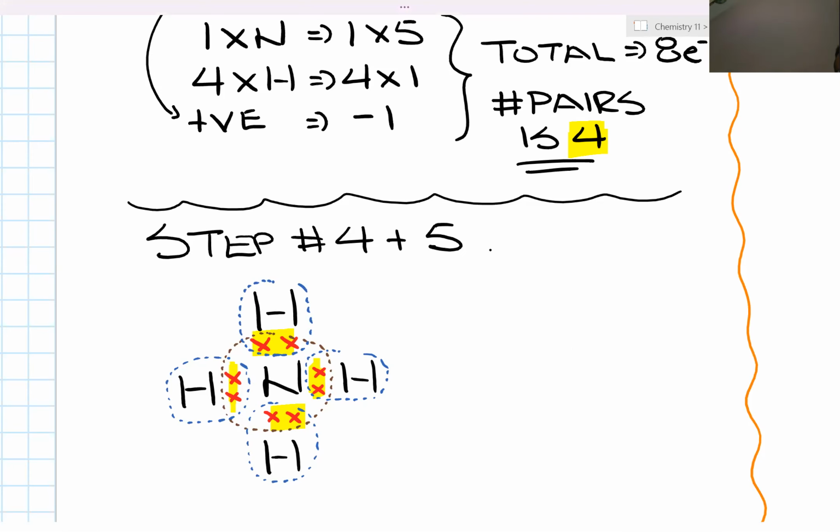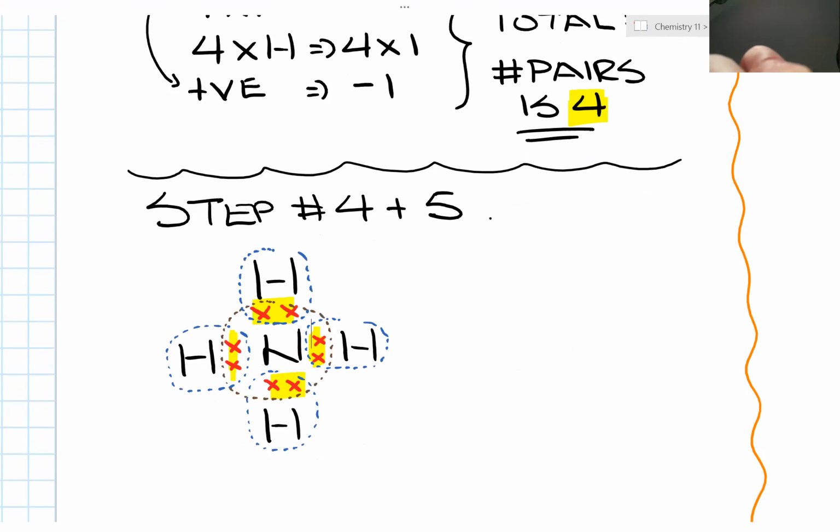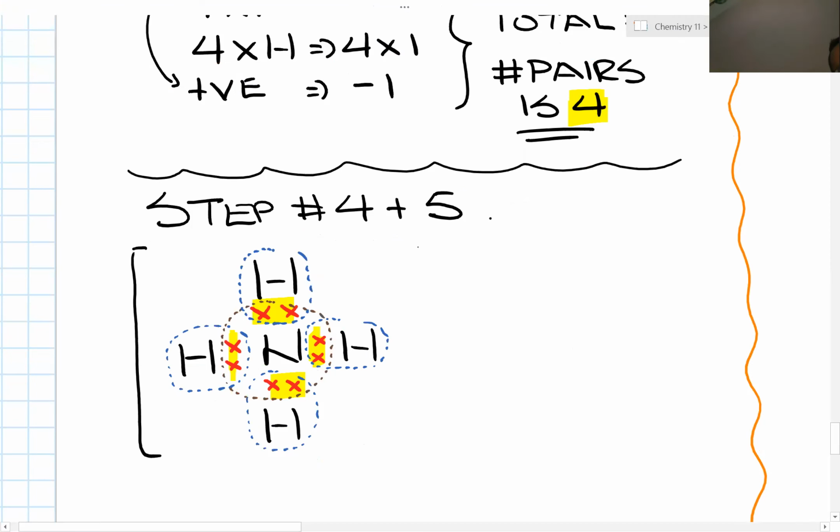Because this is NH4 plus 1, we have to indicate that it's an ion. So what I need to do is put square brackets around it and put a +1.